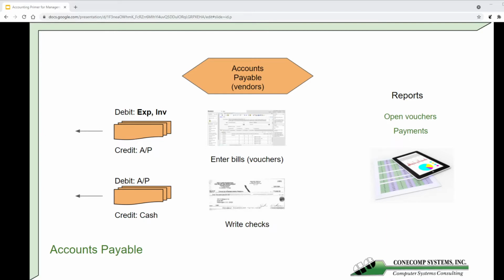Now, one slight complication is introduced here compared to, say, your personal situation. Let's say you're the manager in charge of accounts payable, and you get an electric bill on the 20th of this month, and it's due on the 15th of next month. So what do you do? You recall in the rent expense, we simply entered a transaction against rent and against cash, and that's how we recorded it.